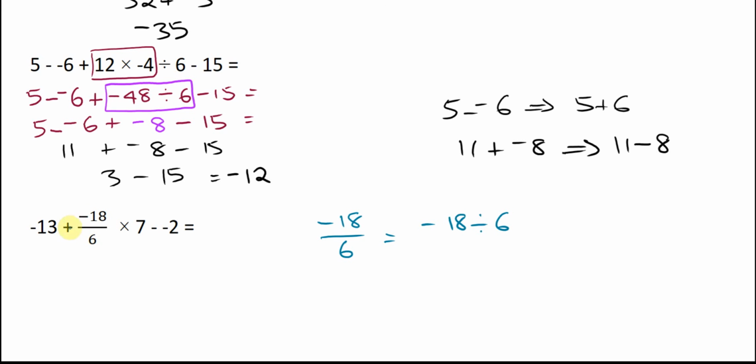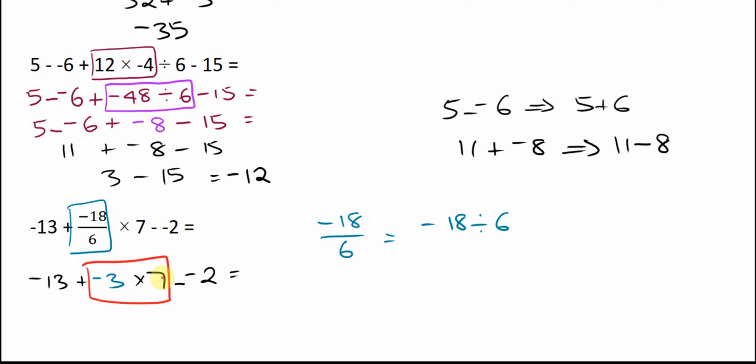So I'm going to do this part here first. So just put that -13 in, plus, so -18 divided by 6 gives me -3, times 7 minus -2. Okay, so now I'm going to do this part here.